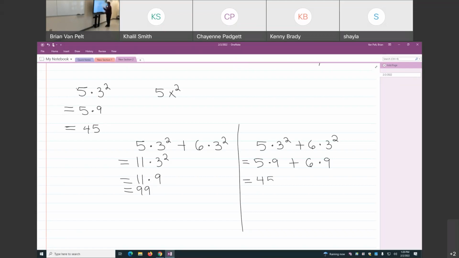This is 45. This is 54. This 45 and 54 add up to 99. So there's actually two ways of doing that problem. Let me continue this theme.